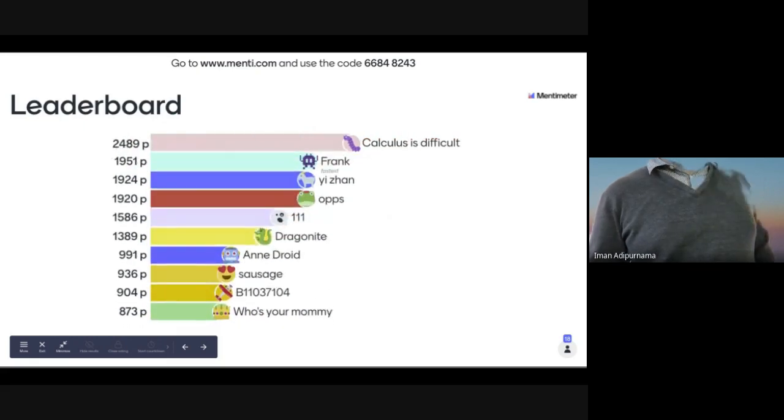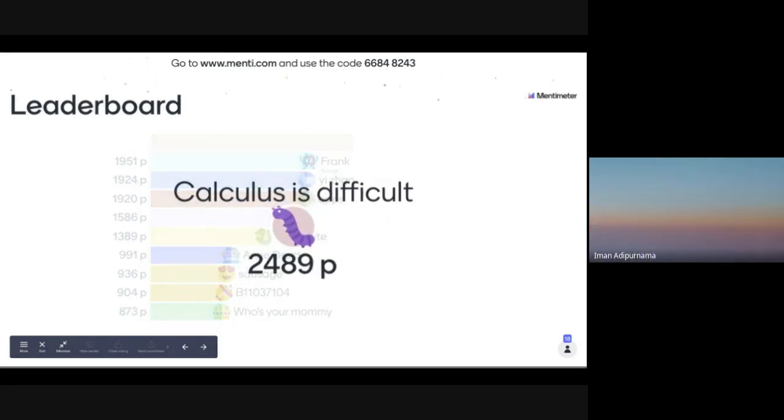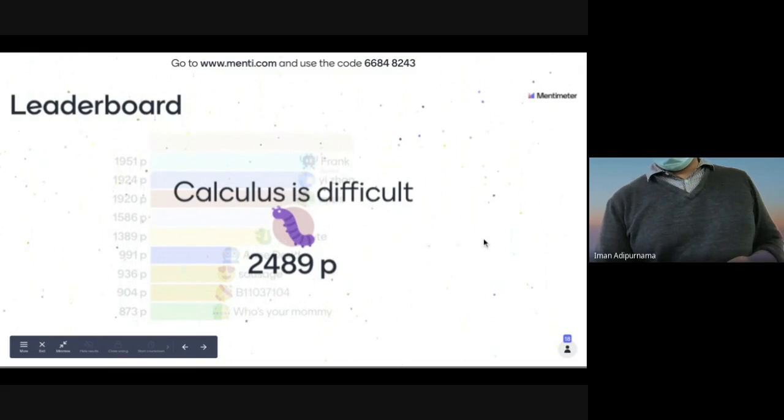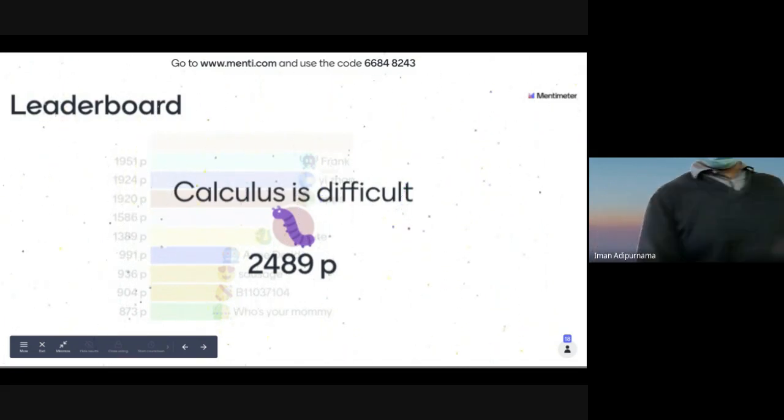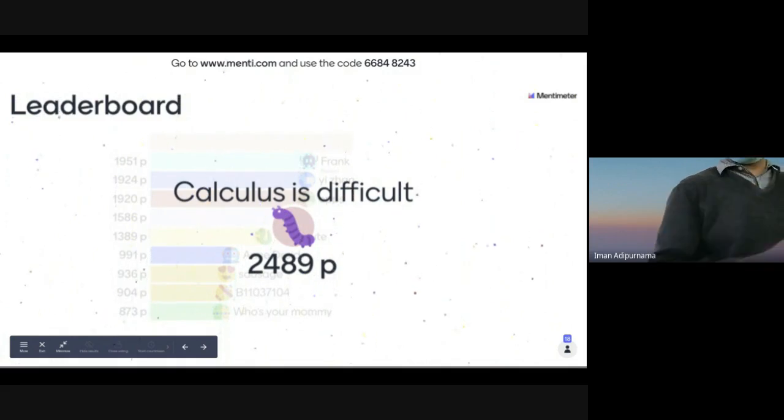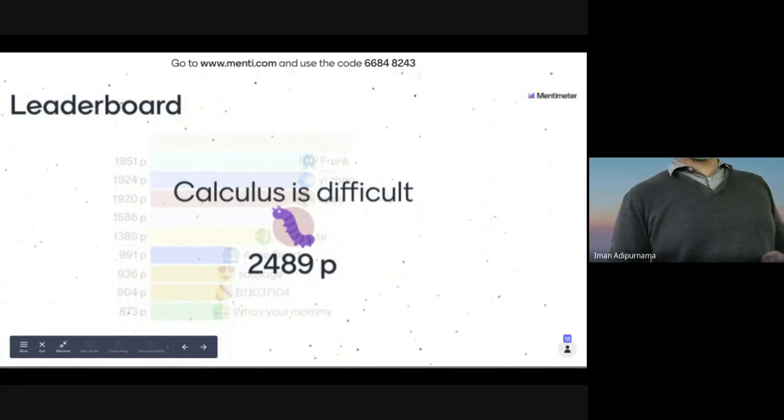So whose calculus is difficult in this classroom and the online students? Can you write down your ID? Okay, I got your ID. Okay, calculus is difficult, but still you can answer the question. Good.